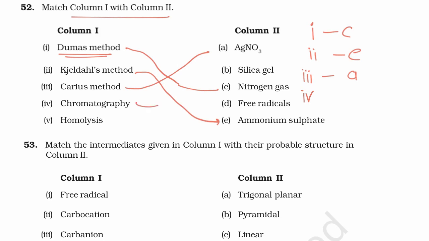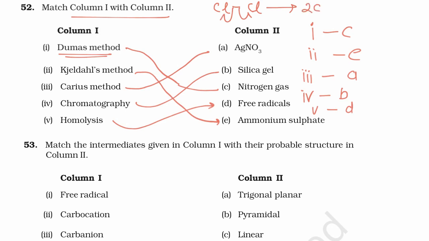Silica gel is used as an adsorbent in chromatography. Fifth, homolysis, and homolysis will form free radicals. So fifth, D. For example, if we have a Cl2 molecule and homolysis takes place, it will generate two free radicals.